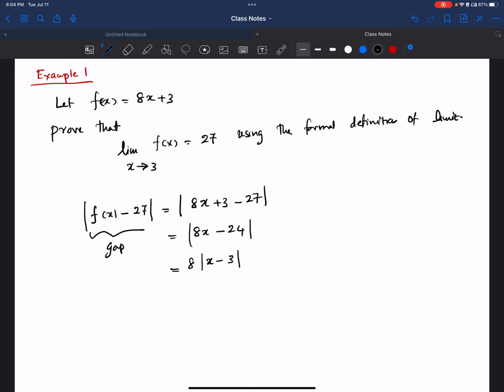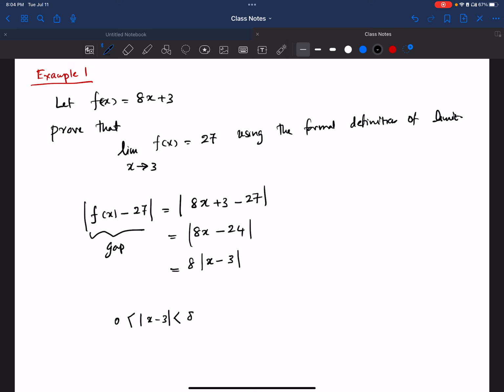If you consider c is 3, so x minus 3, you need to find some delta, right?